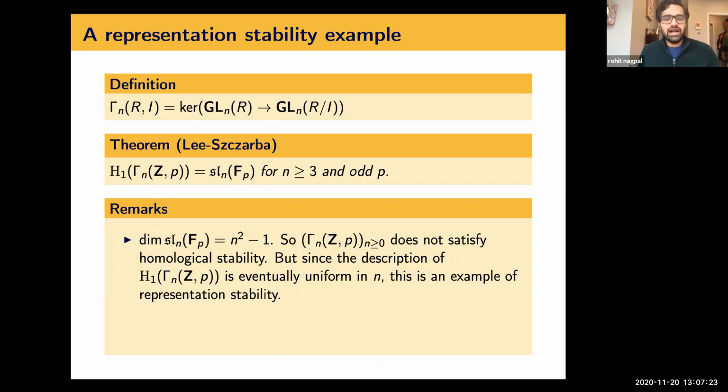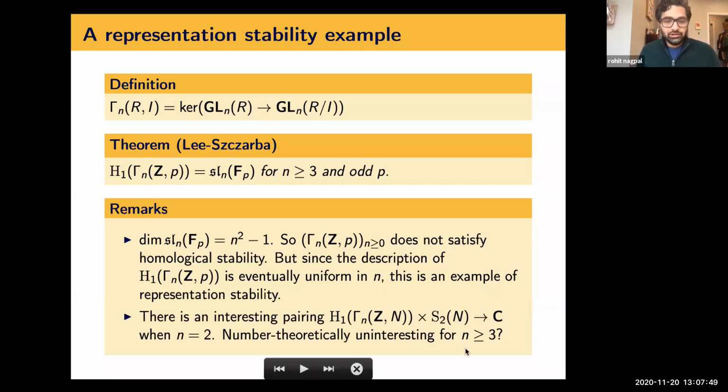So we should think of that as an example of representation stability where it's uniform in n. There are several ways to formalize representation stability depending on the situation. Here we need to use something called, for example, FI-modules or spectral stability to formalize this. So I won't say much about that right now.